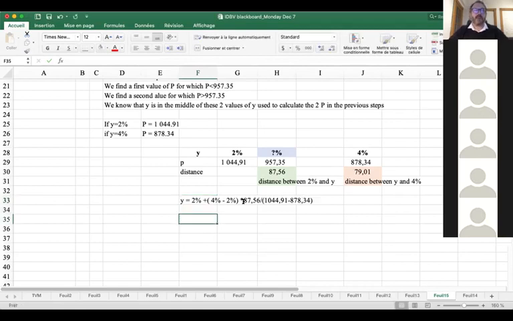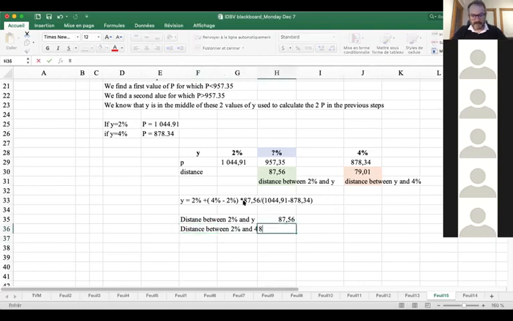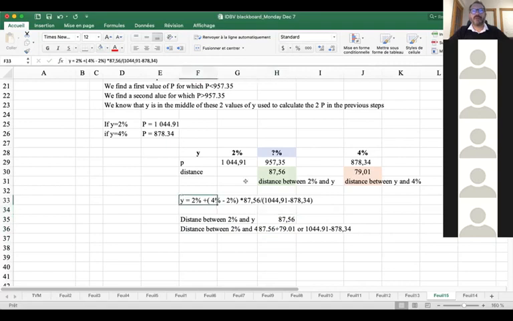So the distance between 2% and y on one hand, that's 87.56, and the distance between 2% and 4%, which is 87.56 plus 79.01, or 1044.91 minus 878.34. And so we find the result.